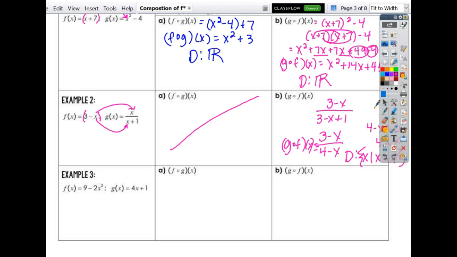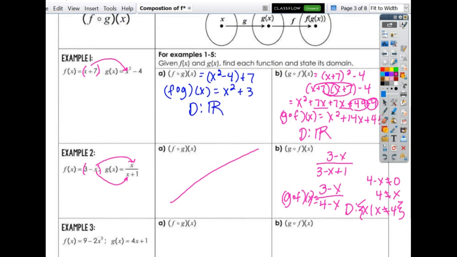Okay? So the reason why we set it equal to 0 is because you can't divide by 0. So that would just prove that. That's what we reiterate on the domain.